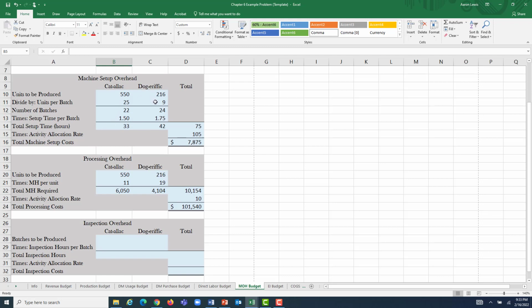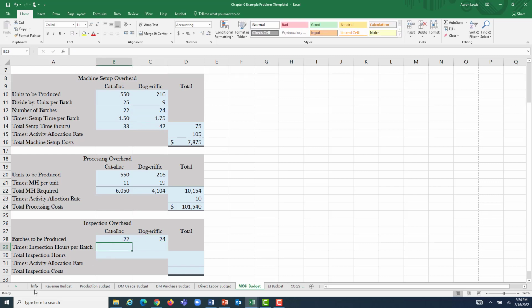Send over the batch to someone to look these things over to make sure they're in sellable condition, which means let's just bring down our batches that we're going to produce. We're going to produce, as we found in the machine setup section, 22 Cadillac batches. We're going to produce 24 Dogorific batches.